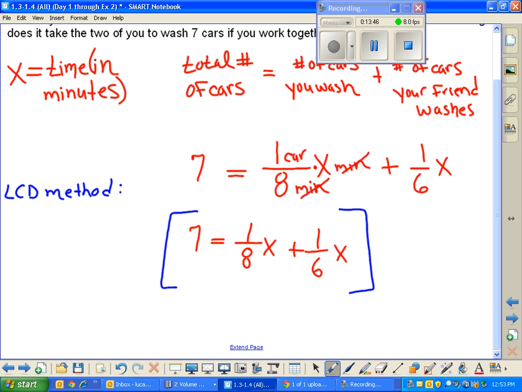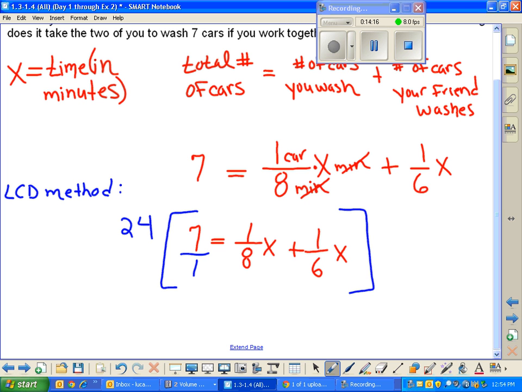To review, least common denominator, least common multiple, is the smallest number that 8 and 6 both go into. It's actually for every fraction in the problem, to be quite honest, so you could put the 1 there. But our LCD method has us finding the smallest number that both of those things go into. So what is the smallest number that 8 and 6 both go into? Good, Claire? It is 24. Very good.